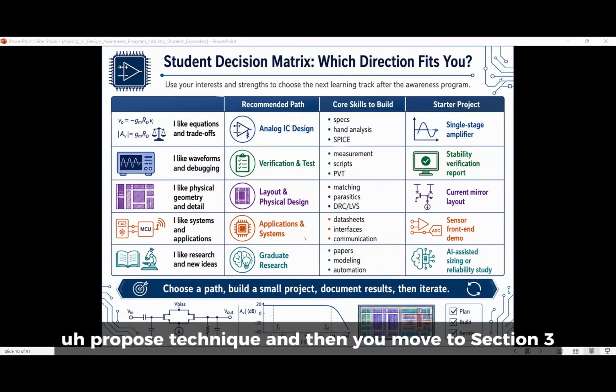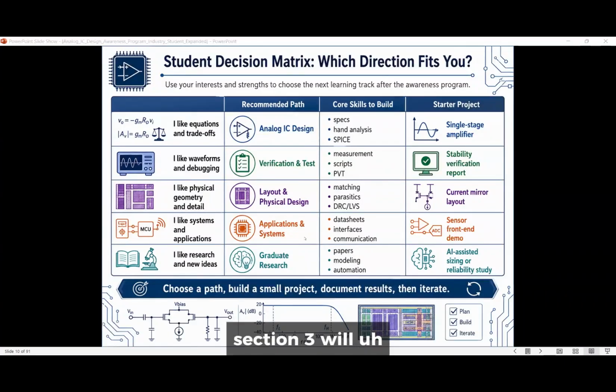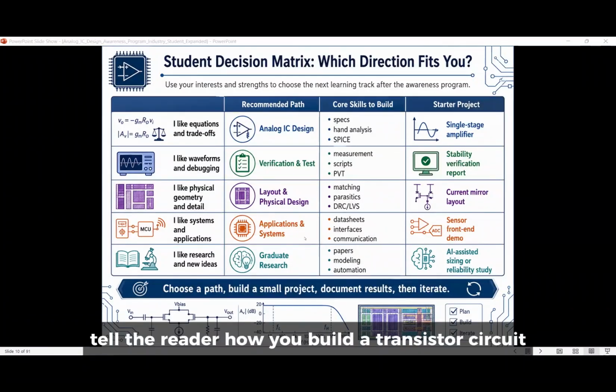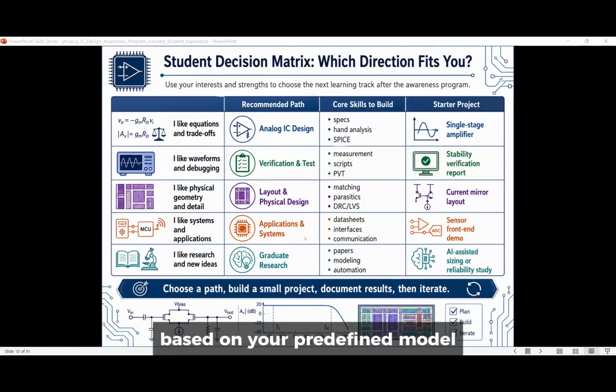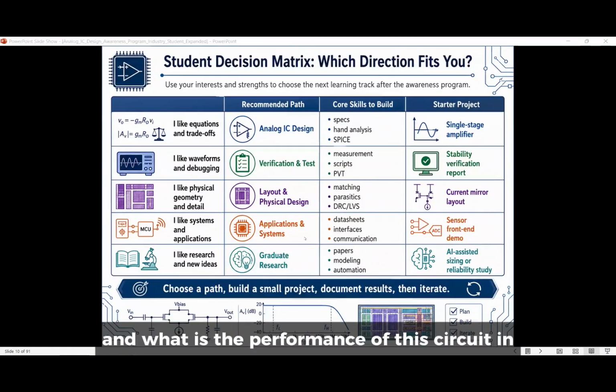And then you move to section 3. Section 3 will tell the reader how you build a transistor circuit based on your predefined model and what is the performance of this circuit.